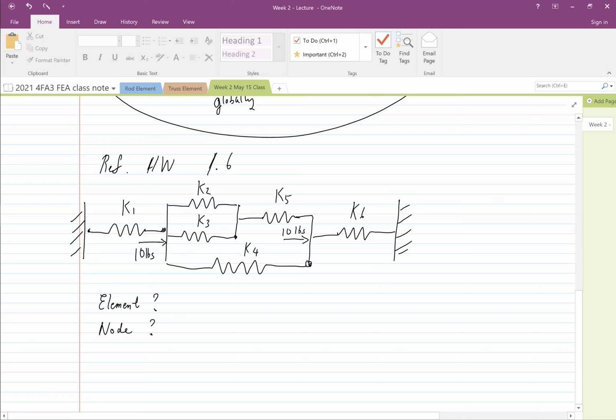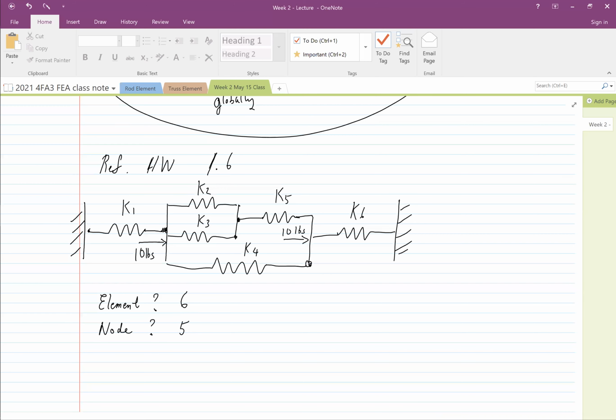Okay, guys, tell me, how many elements are there? 6. What about nodes? 5, 4, 5. 5 nodes. Okay. Any questions so far? Okay, let's move on. Somehow make it 4 nodes. Why is that?